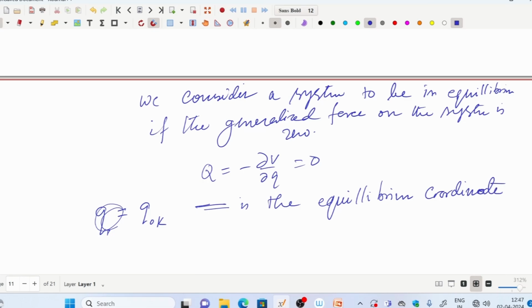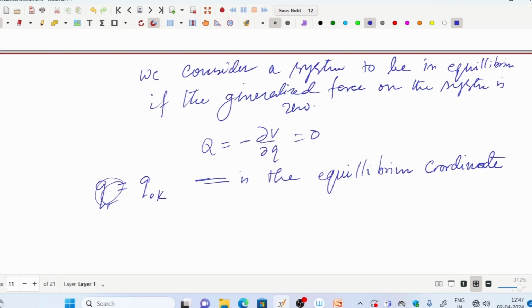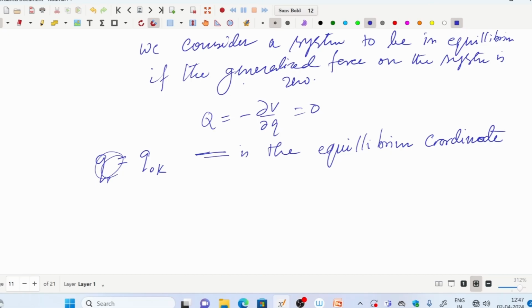We are talking about a general system, where the potential is a function of Q1 to Qn, so you have n degrees of freedom.